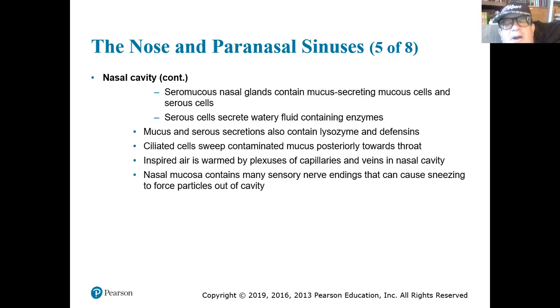The air you inspire, inspiring means breathing in. The air that you inspire is warmed up by a bunch of capillaries. We already talked about that. Warm, moisten, filter. It's warmed up by all the capillaries and veins in the nasal cavity. And that's good because it helps protect the lungs.